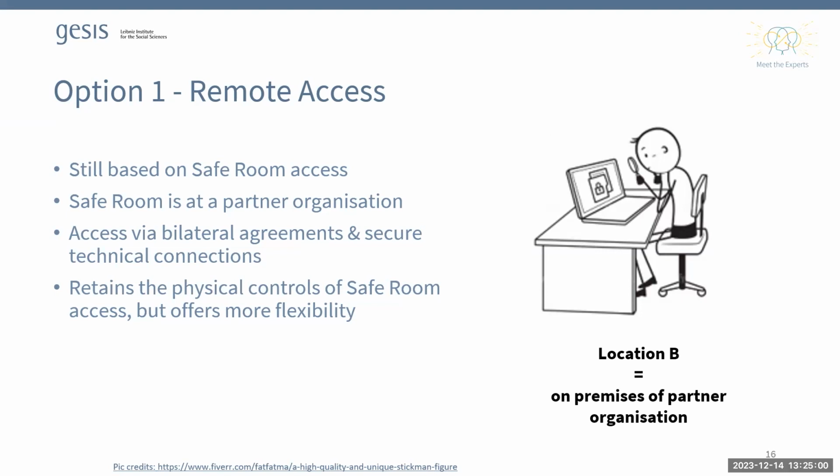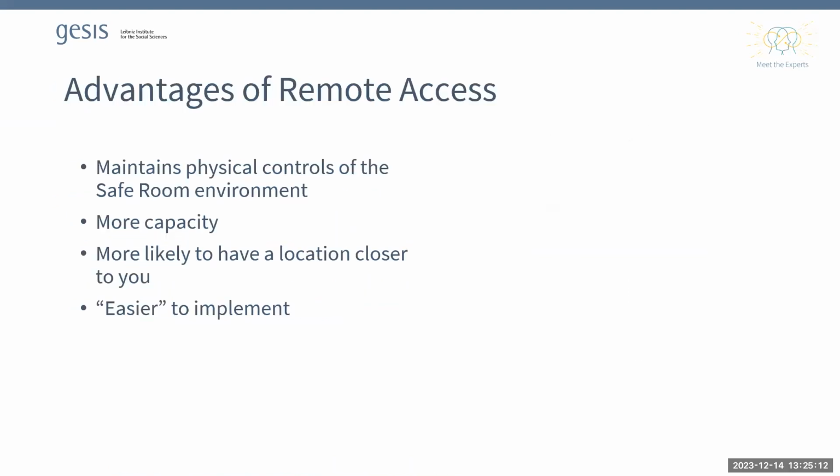And this is a really good first step because it enables us to retain all of the physical controls of a safe room, but it offers more flexibility. So we can start to tackle some of the issues of the safe room without losing the benefits of it. It's a really nice compromise, if you like.